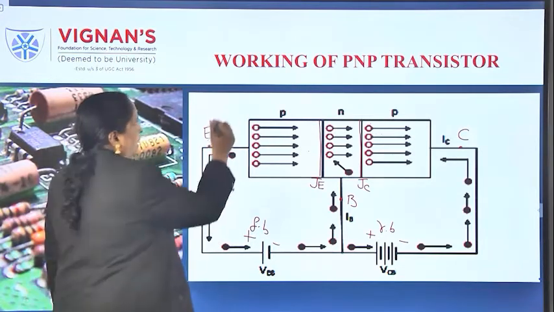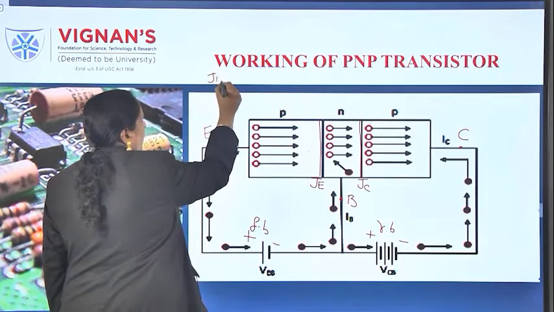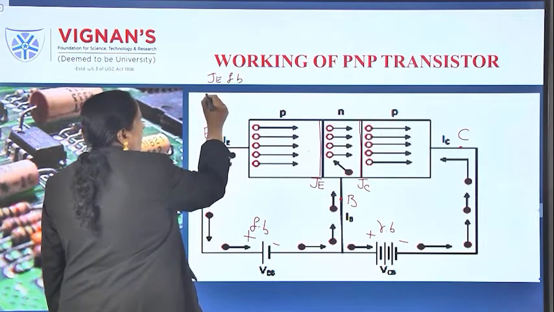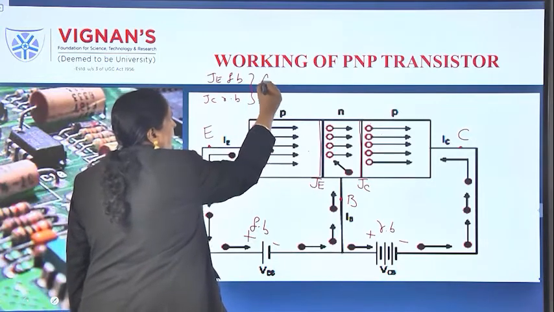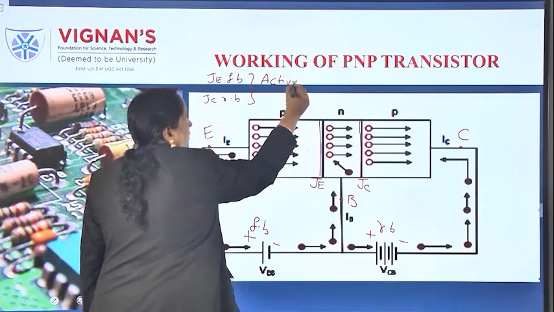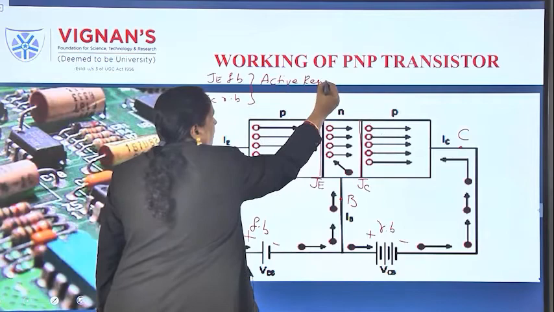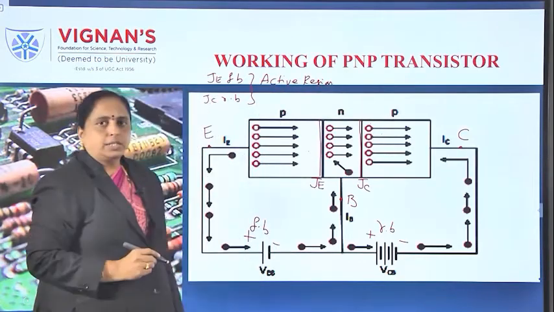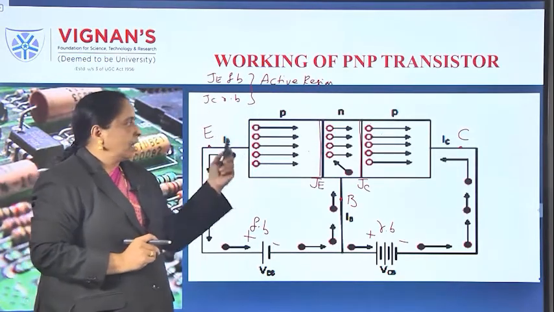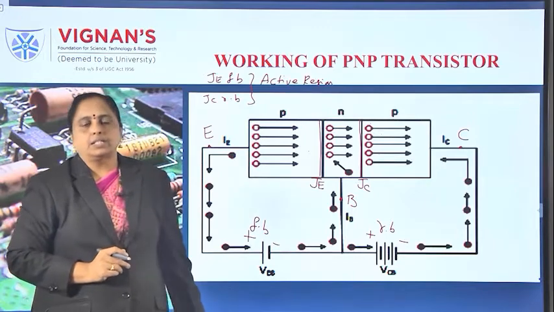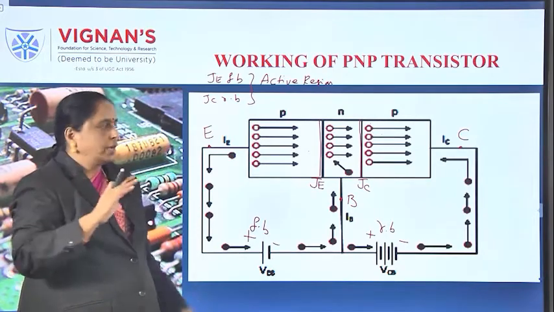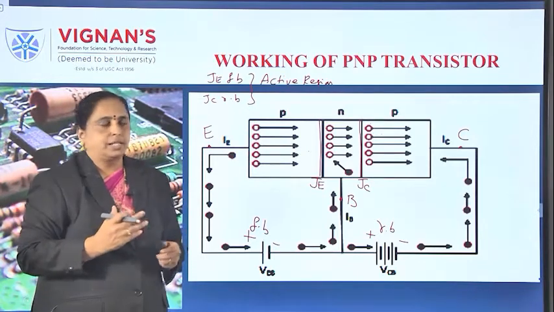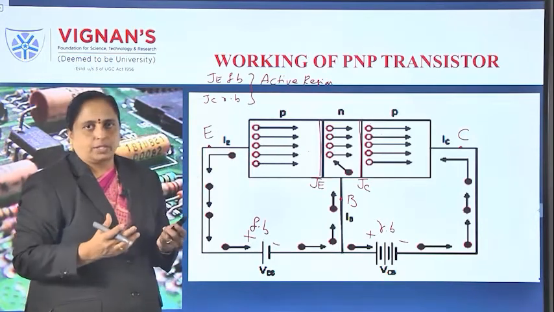If the emitter junction is forward biased and the collector junction is reverse biased, this is known as the active region. That is how the transistor actively gives very good amplification and raises the strength of the weak signal.